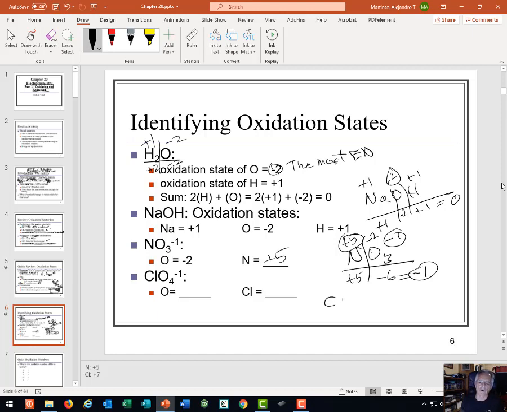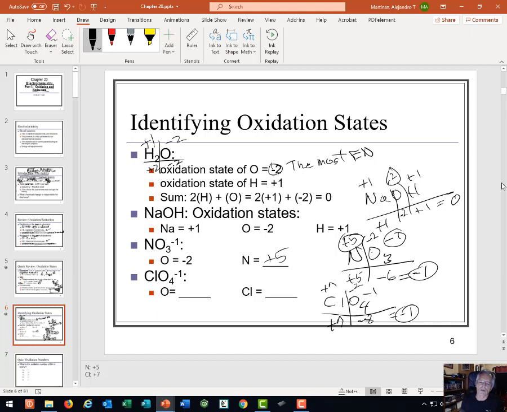Here is perchlorate ion, ClO4. It's got a -1 charge. We're going to split these up, and again, the charges have to add up to -1. Now, oxygen is more electronegative than chlorine is, so it gets its charge, which is -2. 4 times the -2 is -8. We know that the oxidation state of chlorine has to add up to the -8 to equal -1, so that's going to be a +7.